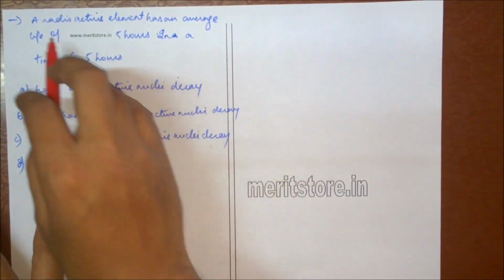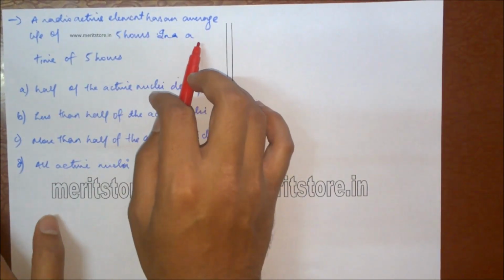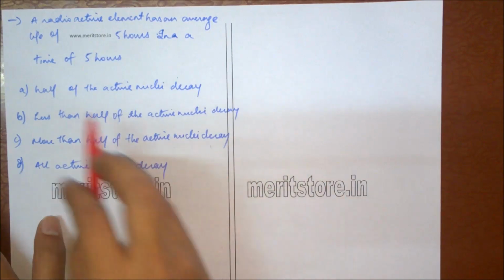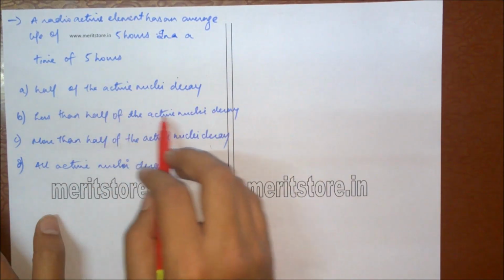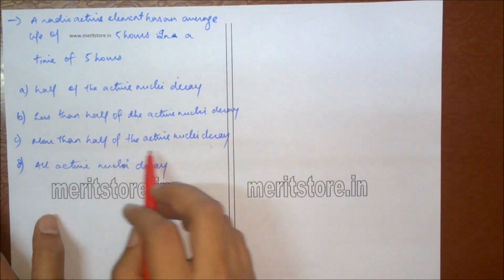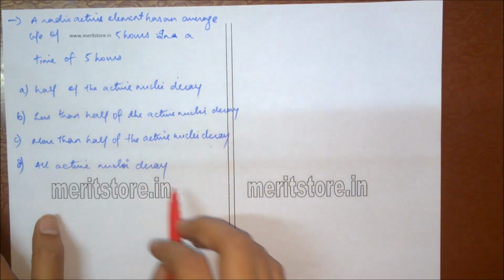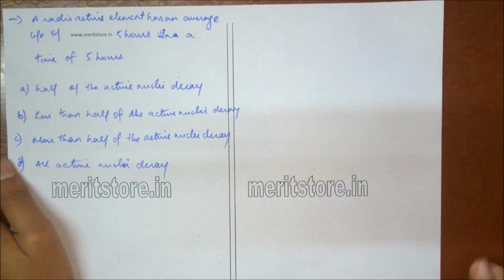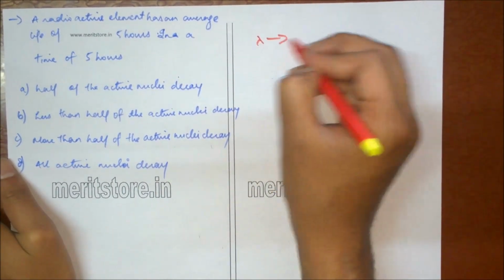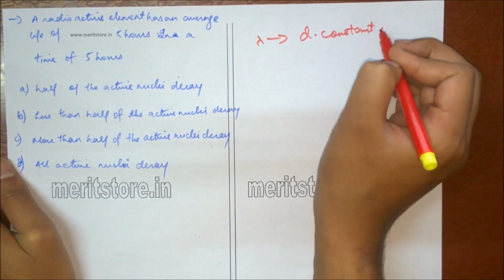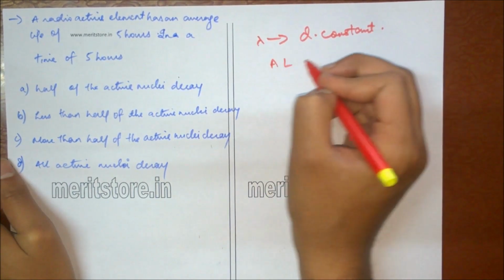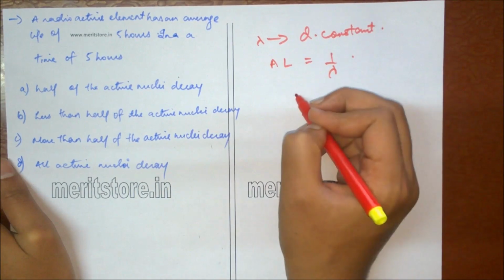Radioactive element has an average life of 5 hours. In a time of 5 hours, A, half of the active nuclei decay, B, less than half of the active nuclei decay, C, more than half of the active nuclei decay, D, all the active nuclei decay. If lambda is the decay constant of a radioactive substance, then average life is equal to 1 upon lambda.